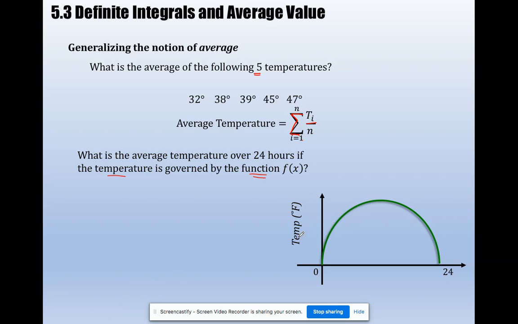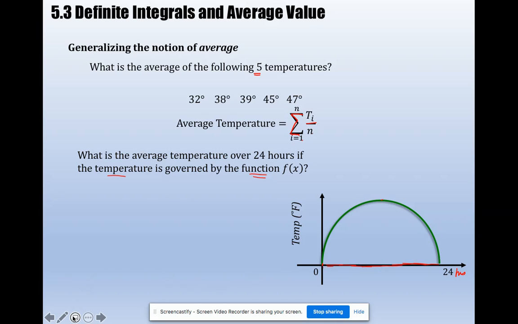On the y-axis is my temperature in degrees Fahrenheit, and I'm saying that at time 0, so let's say daybreak, at the beginning of the day, 12 a.m., I'm at 0 degrees. And very symmetrically, as time goes through the day, right? Time is continuous. As time goes for the 24 hours, the temperature rises to a max and then falls. Now, that's not really how it works, but you can kind of see, right? It's colder at midnight. Temperature gets warmer and warmer, goes up, and comes back down by 12 a.m. the next day.